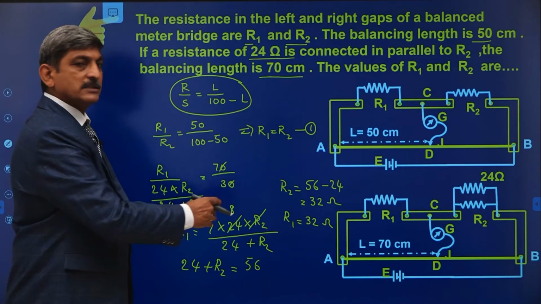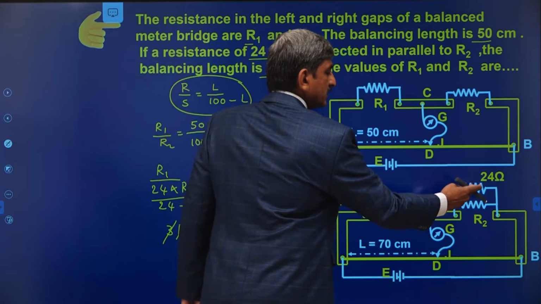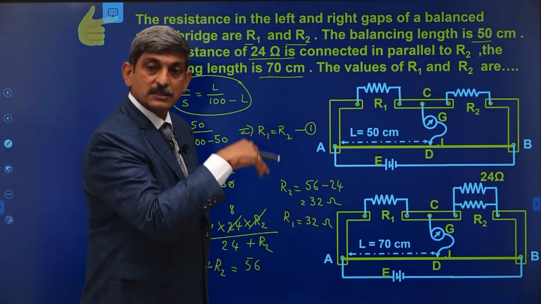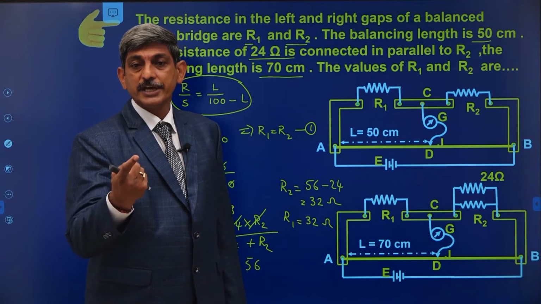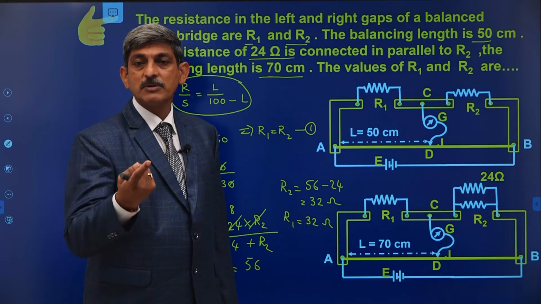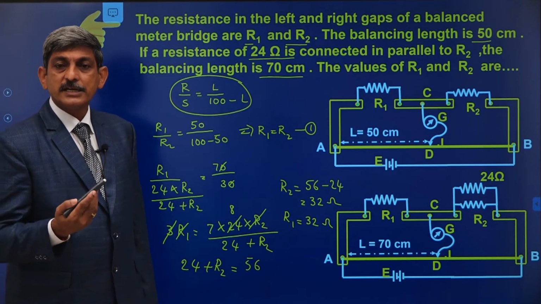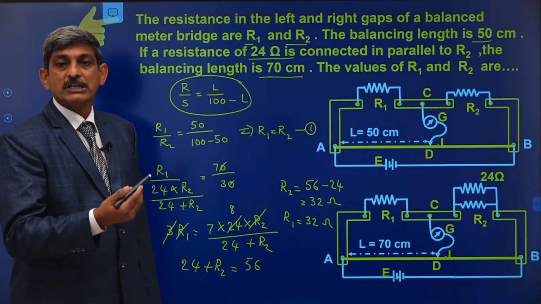Now like this, by connecting one resistor either in parallel or in series in the right gap or in the left gap, the effective resistance in one gap may be changed and the second balancing length may be given in the problems. So by applying the balancing condition of the meter bridge 2 times, we get 2 equations.